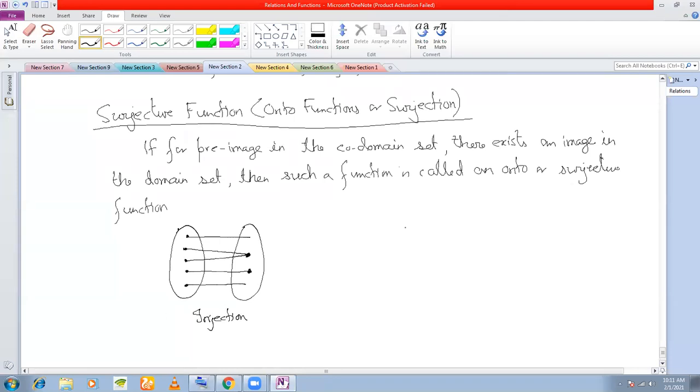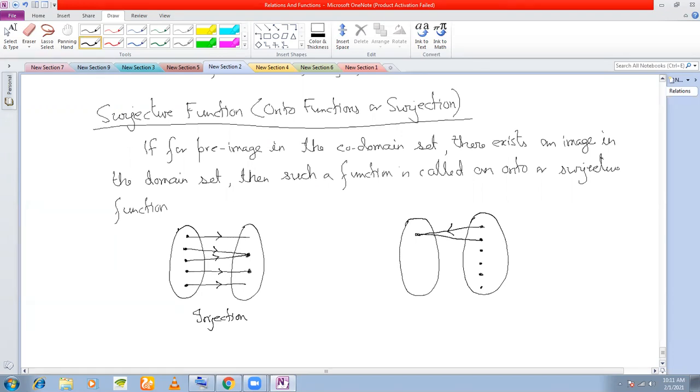In case of surjection or surjective function, what happens is that each element in the codomain set must have a certain image, a pre-image in the domain set. Out here, we are pointing the arrow towards this.